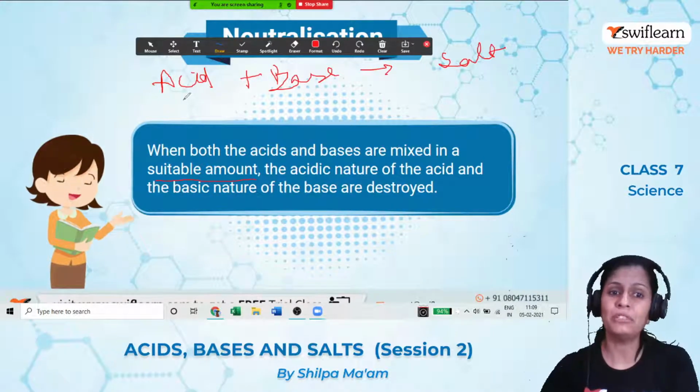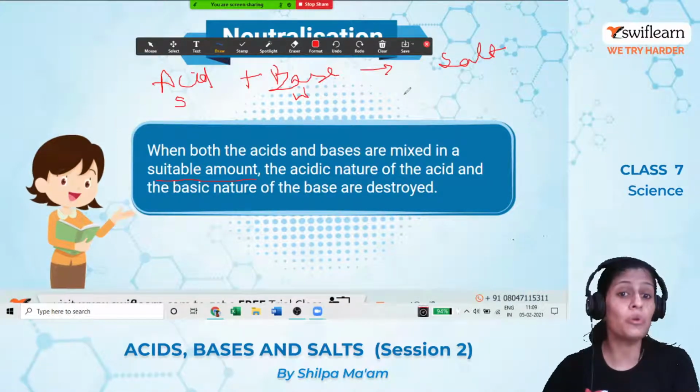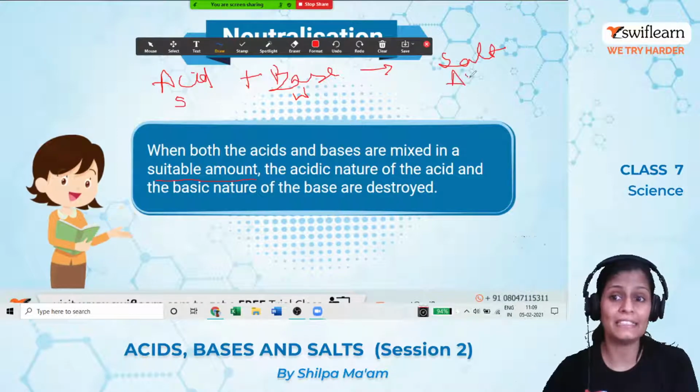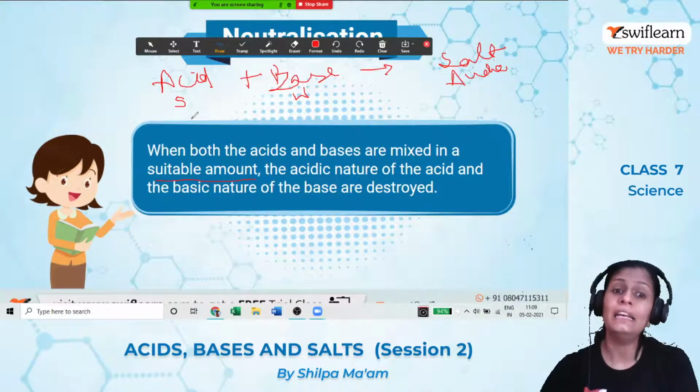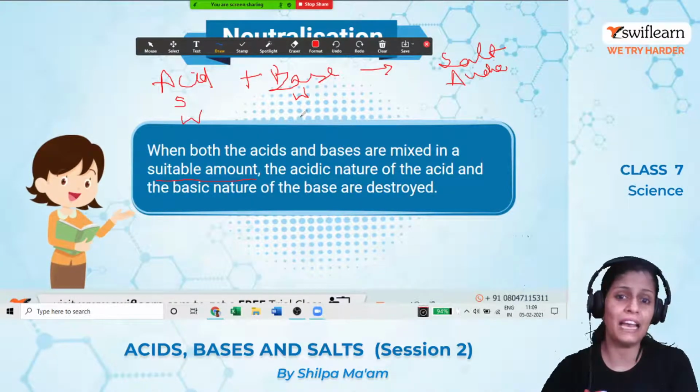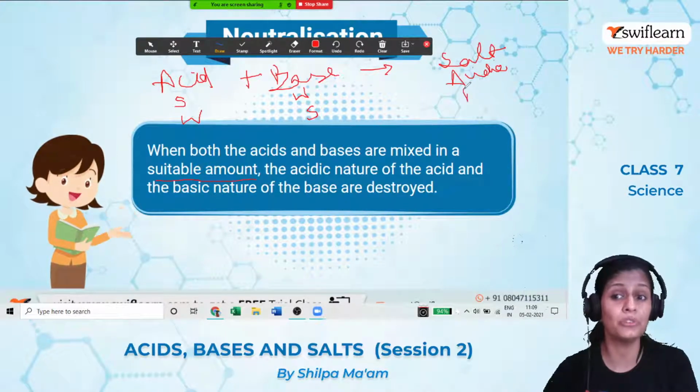Now suppose the acid is strong and the base is weak, then the salt you get would be acidic in nature, because the acid is overpowering the base. That is why you will get an acidic salt. Let's suppose your acid is a weak acid and the base is a strong base. Then what will be the nature of the salt that is formed? It would be basic in nature.